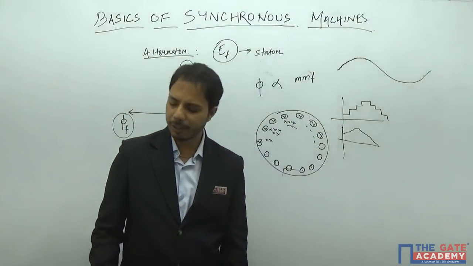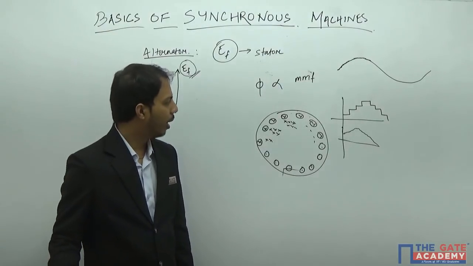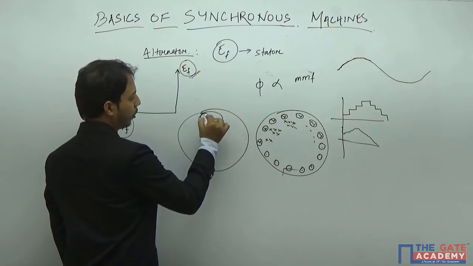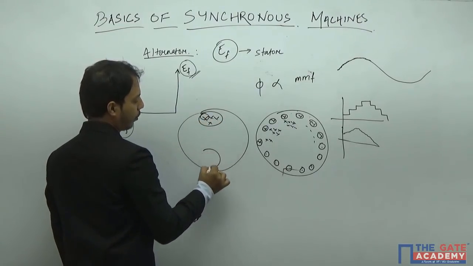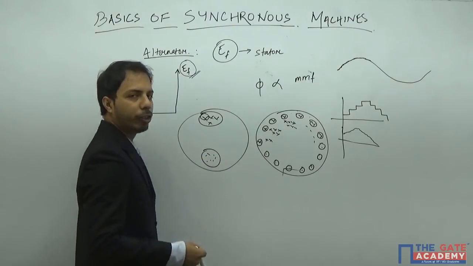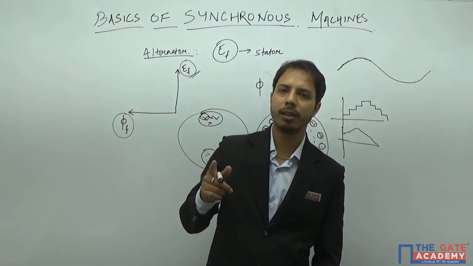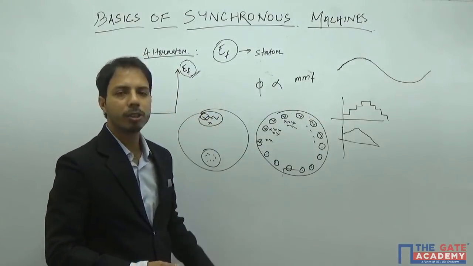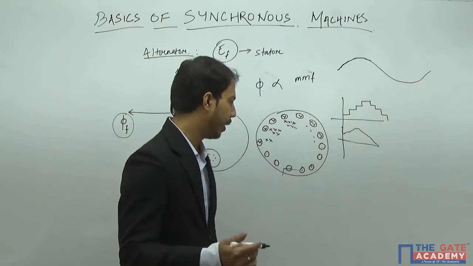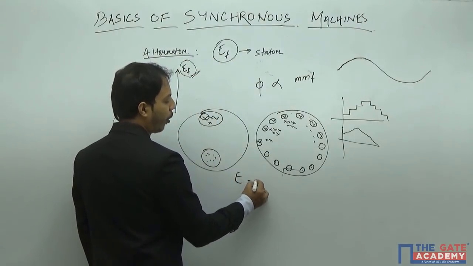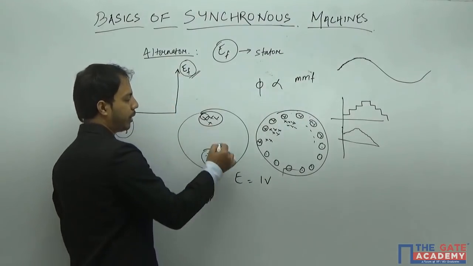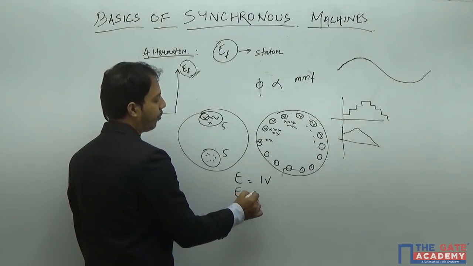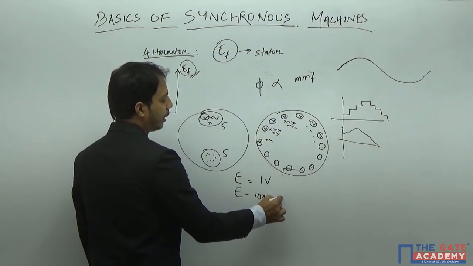Earlier, when I had concentrated windings, the EMF induced in a particular conductor and the other conductors were in phase, since they are all at the same place. Suppose the EMF induced by one coil is 1 volt, and suppose there are 10 conductors, 5 here and 5 here. So the total EMF will be 10 into 1, that is 10 volts.